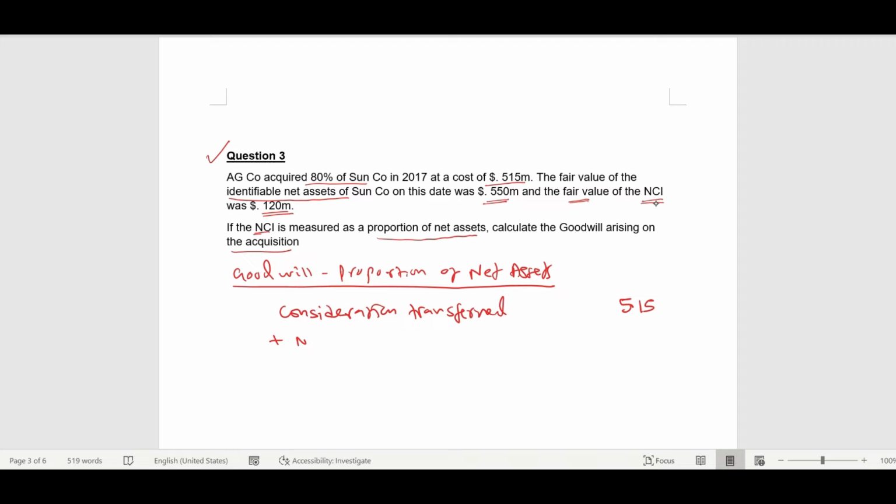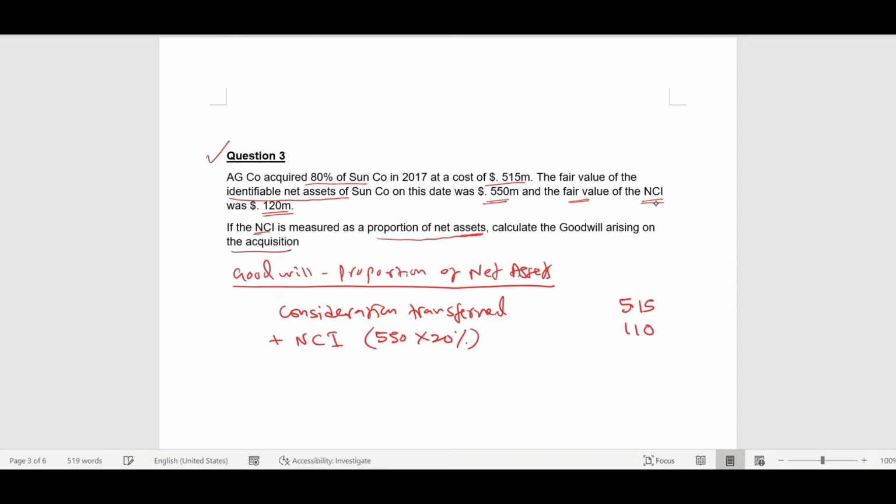So we need to add back the non-controlling interest. How much is that? It has to be based on the proportion of net assets. So net assets at the time of acquisition was 550 million. So of this 550, 20 percent belongs to the non-controlling interest.